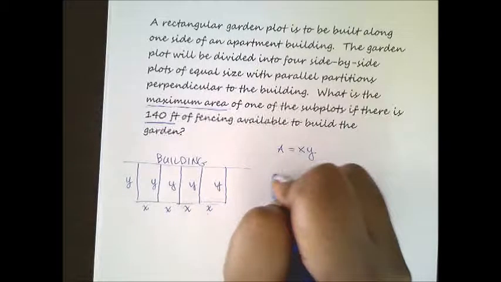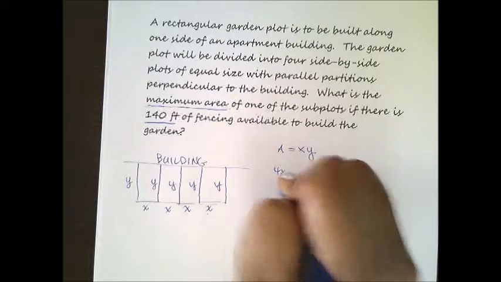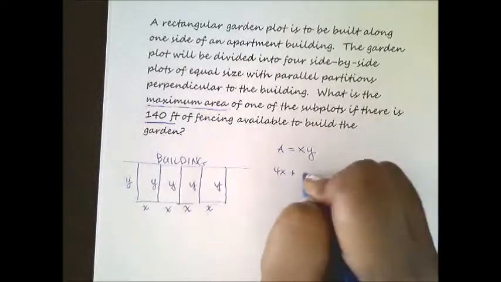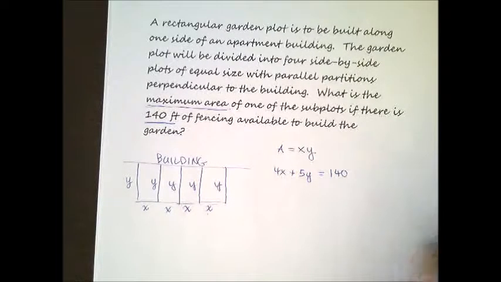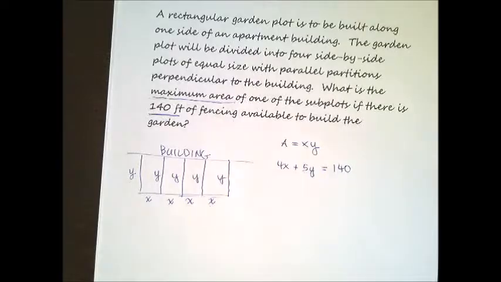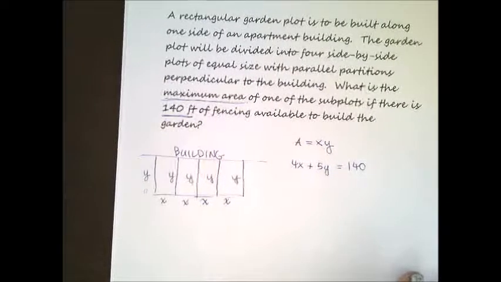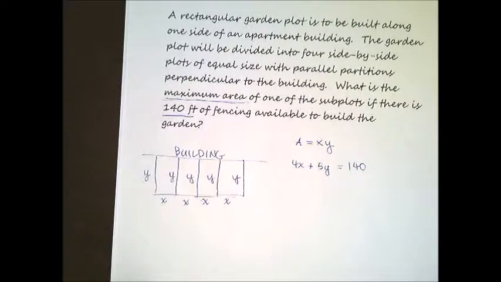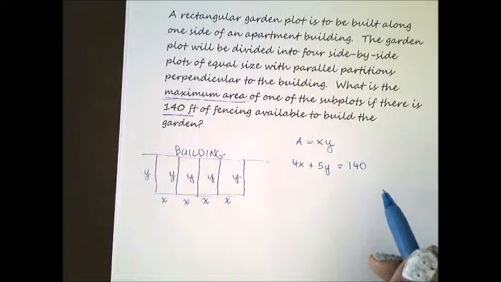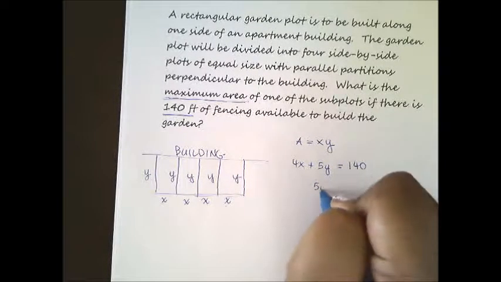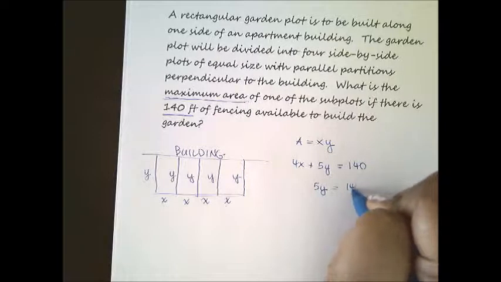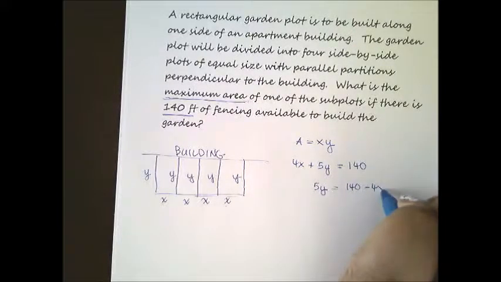So I have 4 x's and 5 y's, and they need to add up to 140. So here's my constraint. I'm going to use my constraint to help me to get an area function in terms of just one variable. So I'm going to go ahead and solve this for y. 5y is equal to 140 minus 4x.